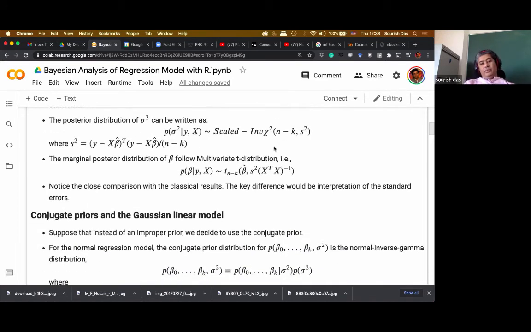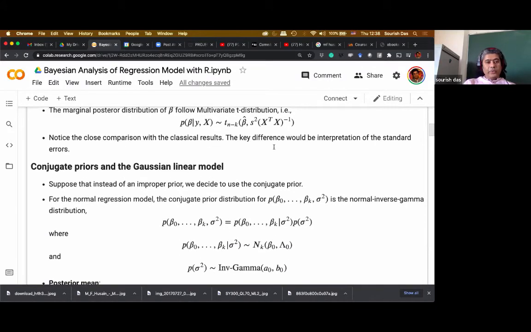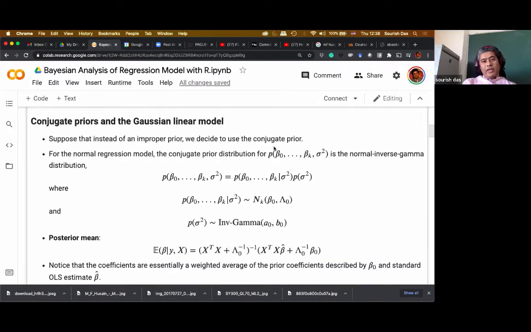Any other question? No. Let's move on to conjugate priors and the Gaussian linear models. Okay. So I want to develop a Gaussian conjugate prior.